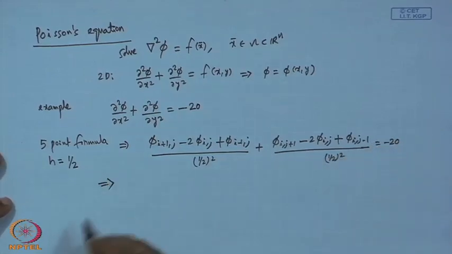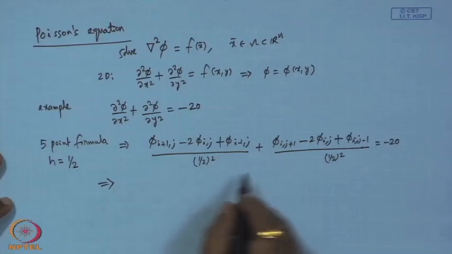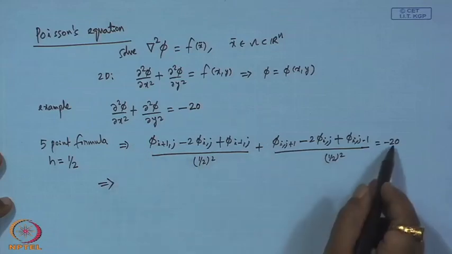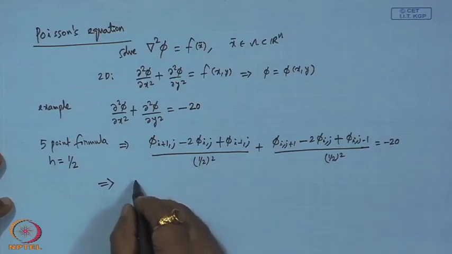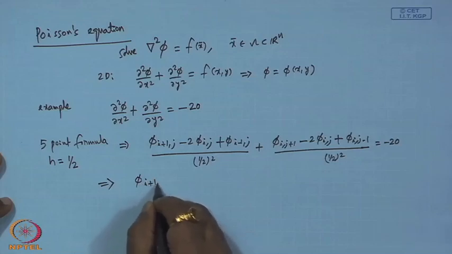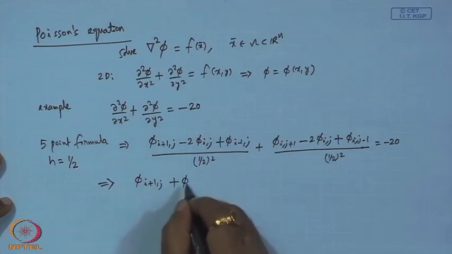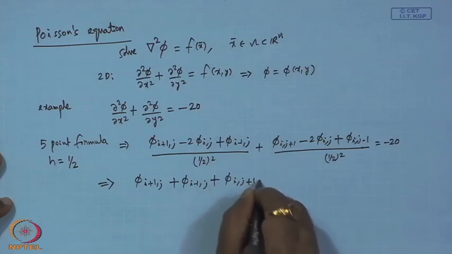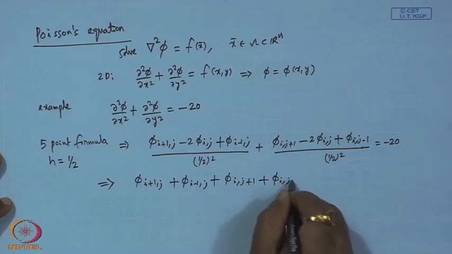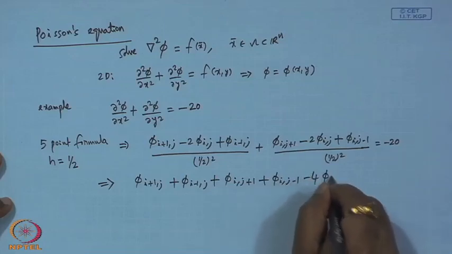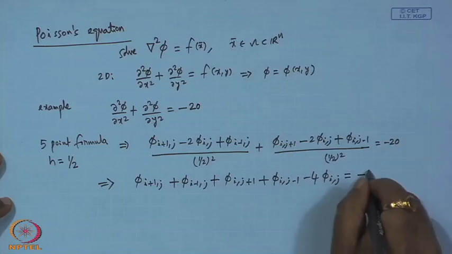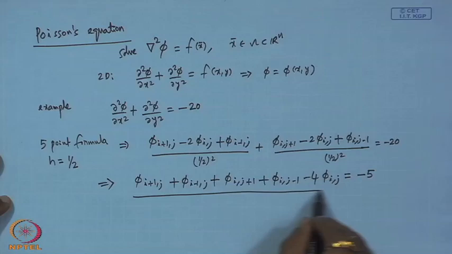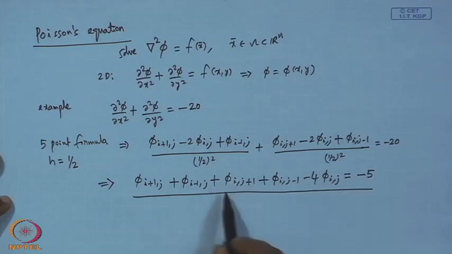So, this would lead to, we have 4 there, and that goes off. So, we get minus 4 phi I j equals minus 5. Okay. So, this is the corresponding discretized equation.